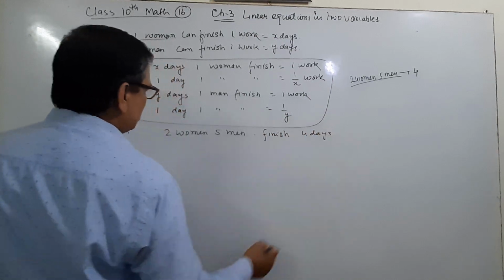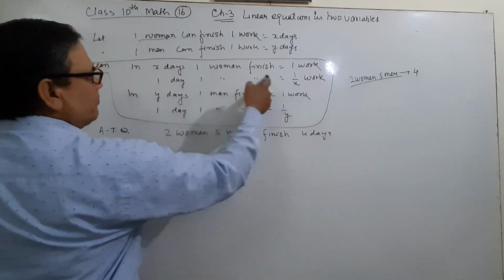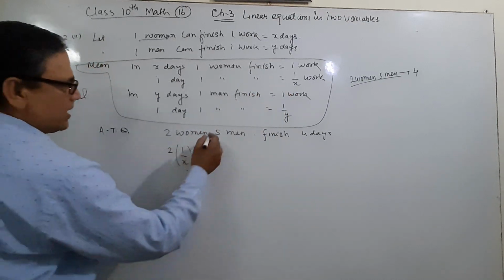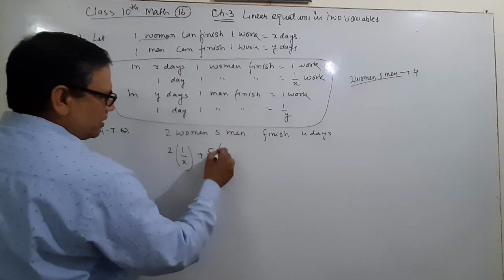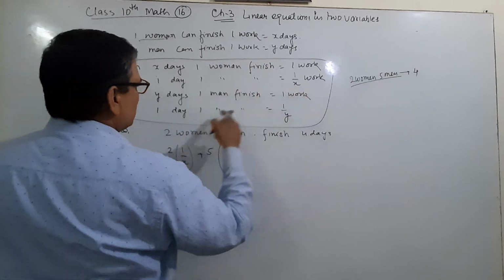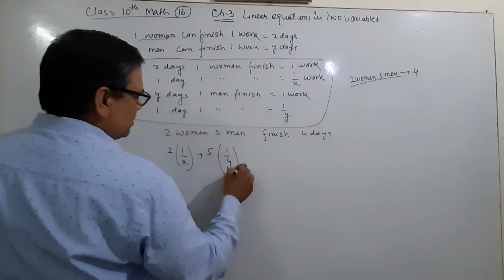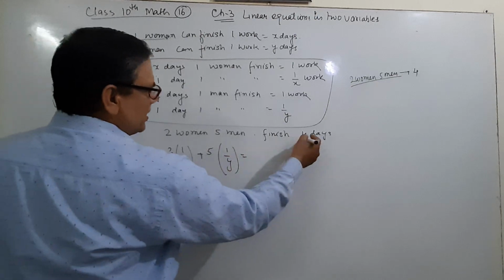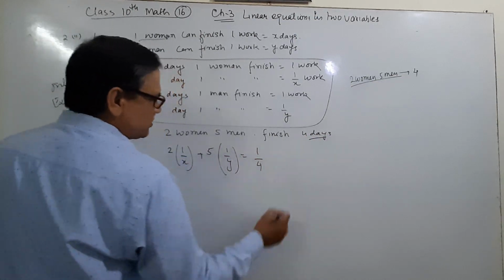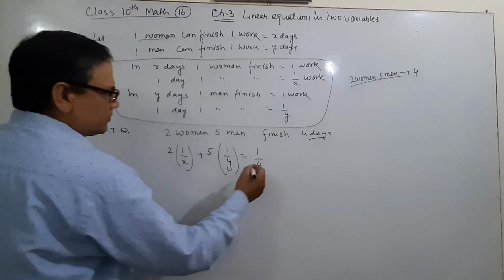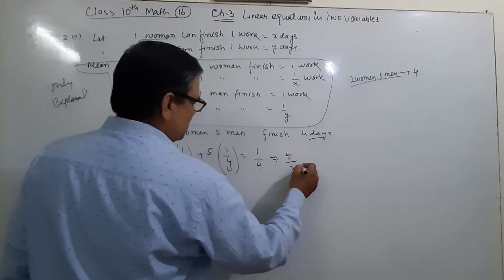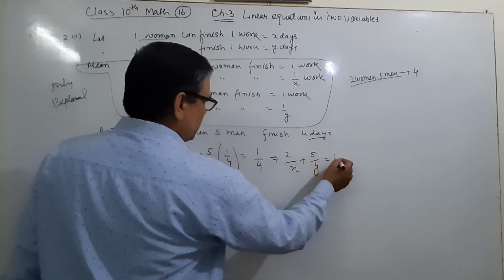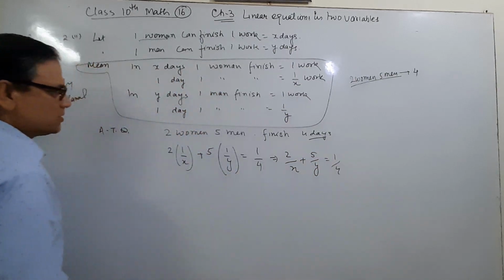So what is the equation? 2 women, 1 woman will do 1 by x, so 2 into 1 by x, plus 5 men, 1 man does 1 by y, equal to the work per day. In 4 days, one work, so 1 by 4. Then the equation is 2 upon x plus 5 upon y is equal to 1 by 4. And now you have to solve after this.